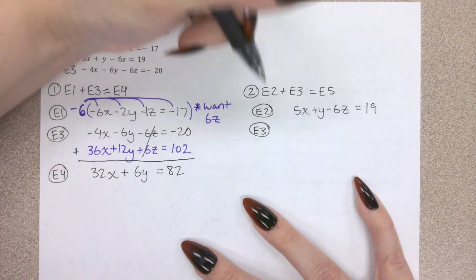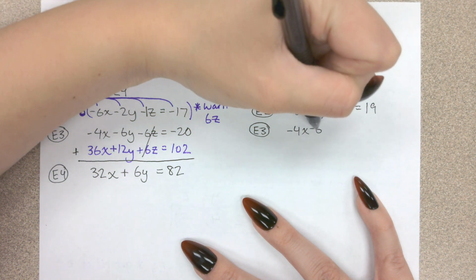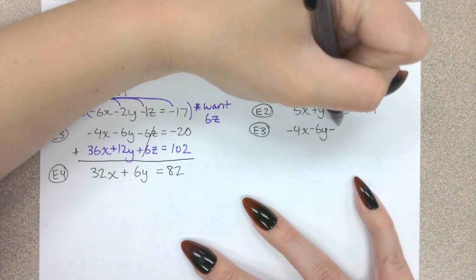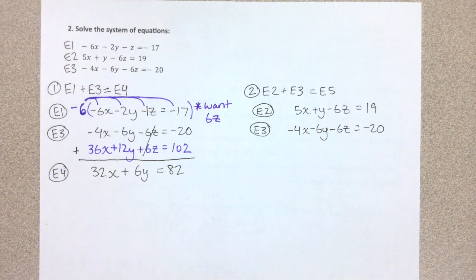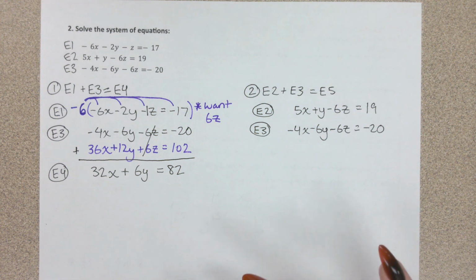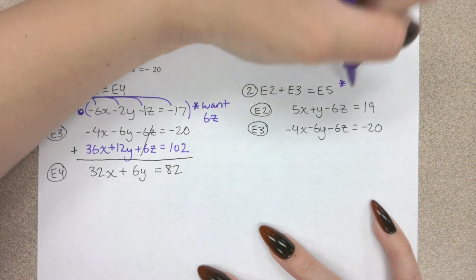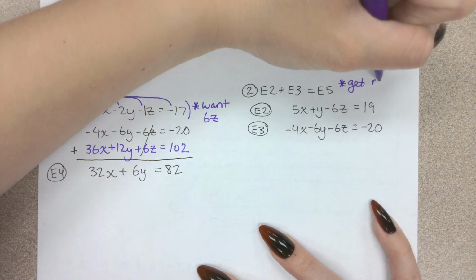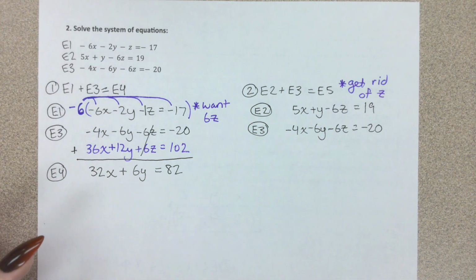E3, negative 4x minus 6y minus 6z equals negative 20. And just a reminder, I got rid of z the first time, so I need to do that again. Get rid of z so that I don't get rid of the wrong letter.